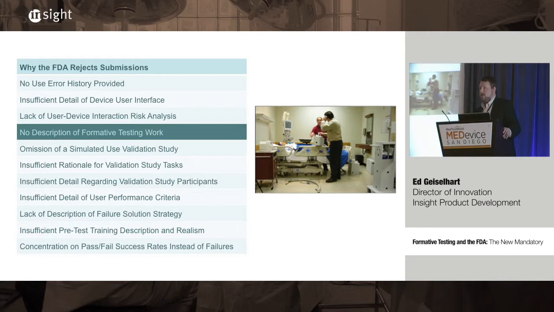There will be reviewers that will take a look at how you decided to validate your device and validate the usability of it. And if you don't have any formative work from which you can trace back to determine why you believe the validation test that you designed is sufficient in determining whether or not your device is safe, there will be some eyebrows being raised and there will be some questions asked.